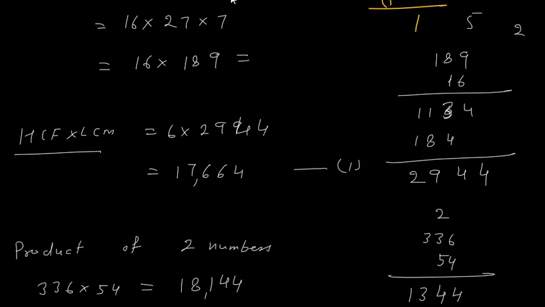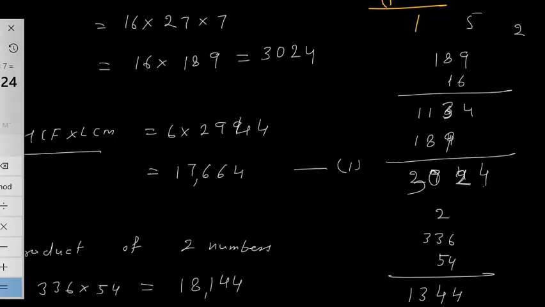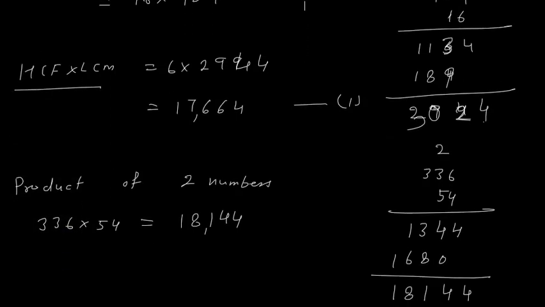Okay, then 1 nine is 9, I will get 9 here. So this is 4, this is 2, then 8 plus 2, this is 0, and this is 3. 3024. What answer am I getting? 3024. So by calculator I got 3024.